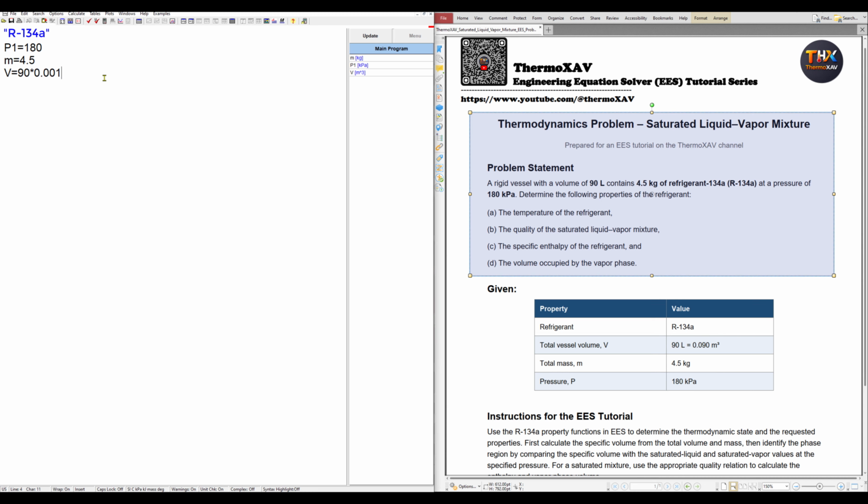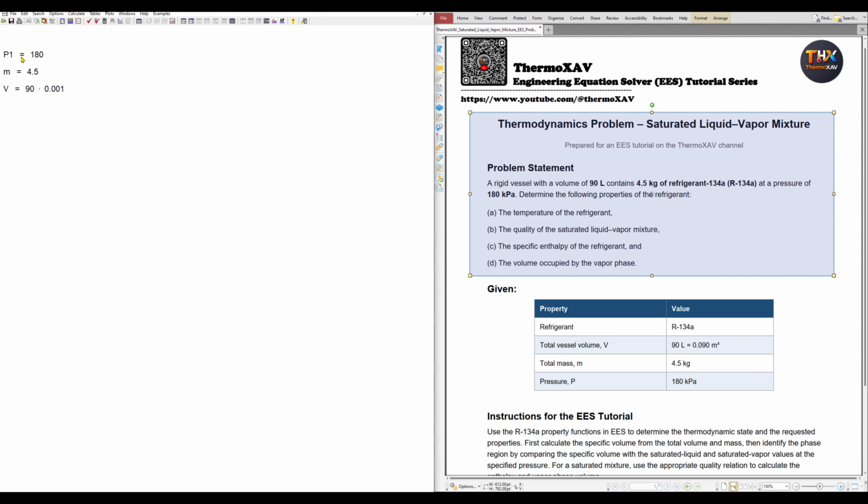Then in this part, I'm going to calculate the specific volume. I write a comment here, specific volume, and then I can use a Greek letter to specify the specific volume. Before that, I can go to the formatted equations and see the result.